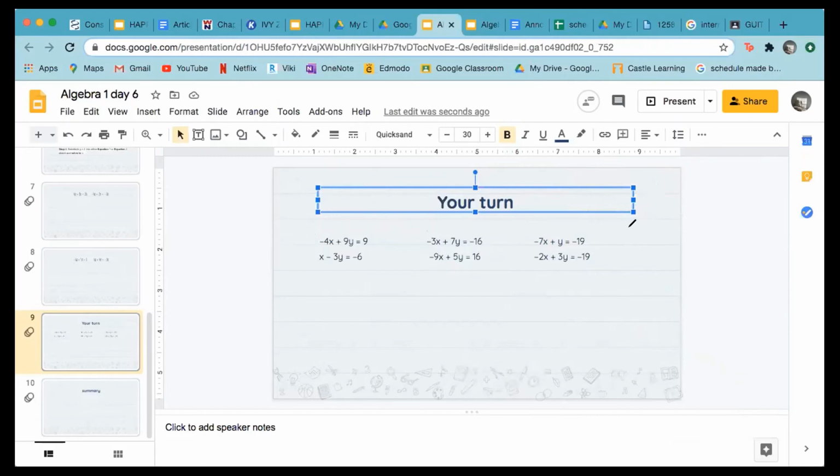Alright, you know what? This time you're leading me through this. So how am I going to solve this? What is my first step? First step is parentheses. For which equation? For y, 7x, negative 7x plus y.